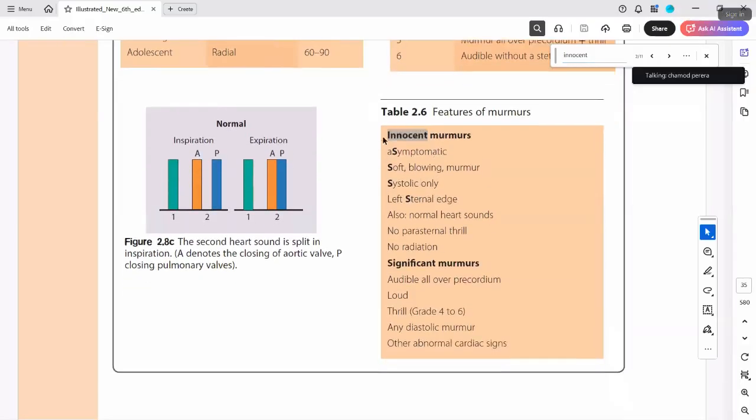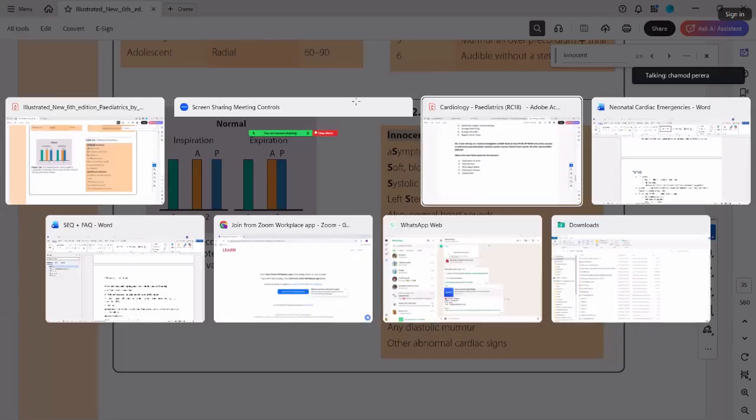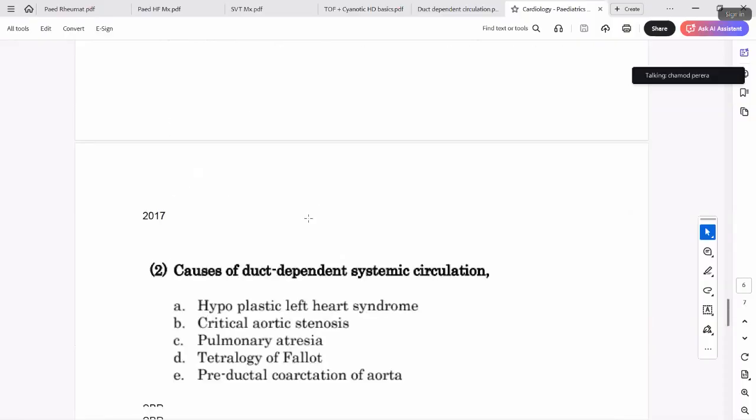The baby is asymptomatic. It's a soft blowing murmur. It is only systolic, and it is heard at the left sternal edge. The heart sounds are normal. There is no parasternal heave or thrill, and no radiation. These are the features of an innocent murmur that you need to know. So this is a typical innocent murmur.